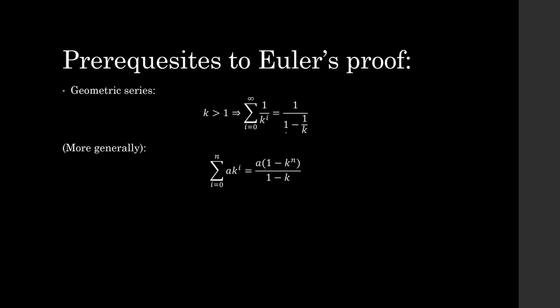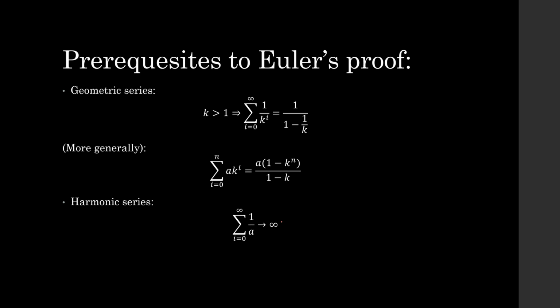And more generally for geometric series, we have that the sum of a times k to the i, from i equals 0 to n, gives us a times 1 minus k to the n plus 1 over 1 minus k. And so you could take the limit of this as n approaches infinity and see that it diverges if k is bigger than 1. And it diverges if k is smaller than 1, sorry, if the absolute value of k is bigger than 1. Because in this case here we have k to the i, here we had 1 over k to the i. Diverges, and otherwise it converges.